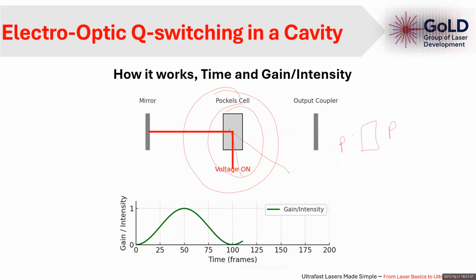Okay, and when it is off, it simply acts like a transparent material, so light passes through. Okay, so this animation is not, I mean, predicting what exactly it's supposed to be.